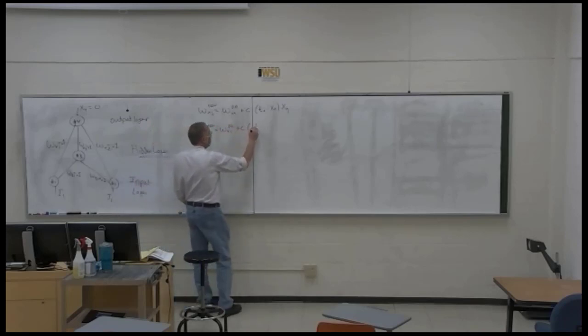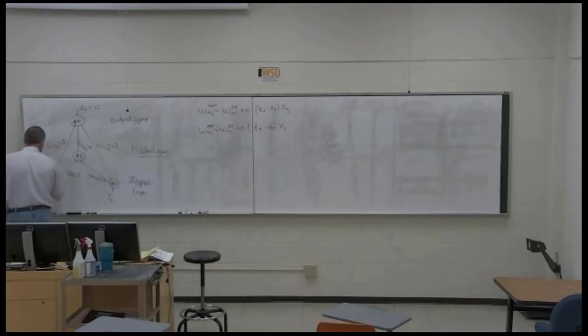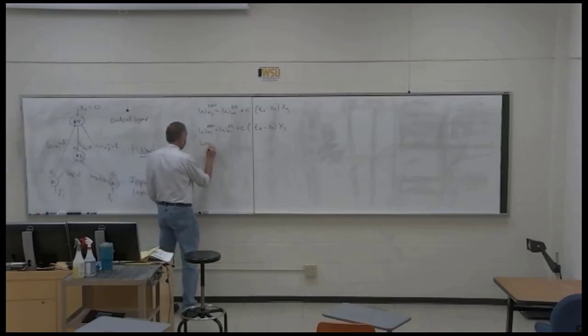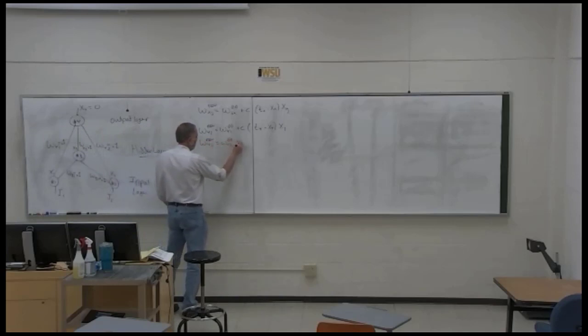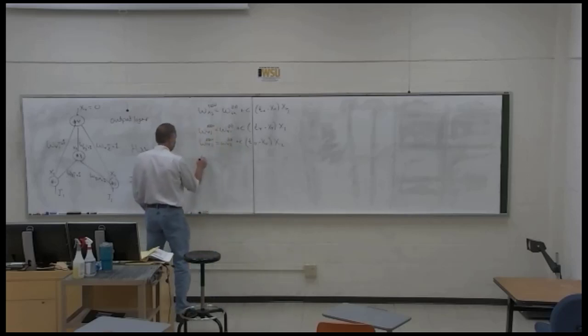So that's T4 minus X4 times X1. X1 is the signal coming out of here, X2 is here, X3 is here, X4 is there. Then W42, and we'll do W43.